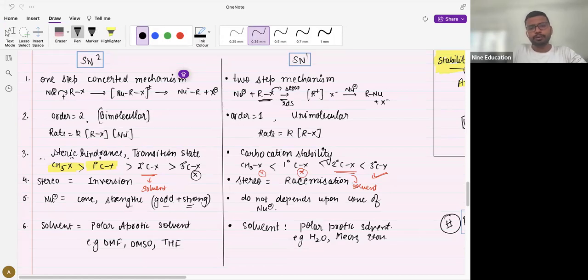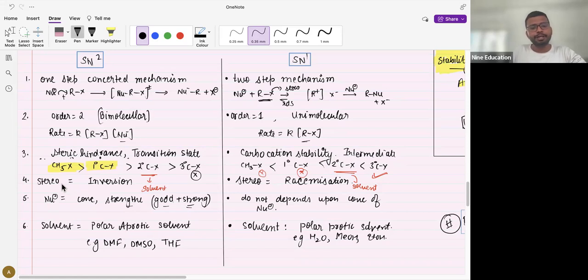SN2 is order 2, SN1 is order 1. Rate depends in SN2 on RX and nucleophile both, but in SN1 it depends upon RX only, nucleophile is not dependent. In SN2, you have steric hindrance in the transition state, but in SN1, you have to see carbocation stability. In between, you will form a carbocation intermediate.